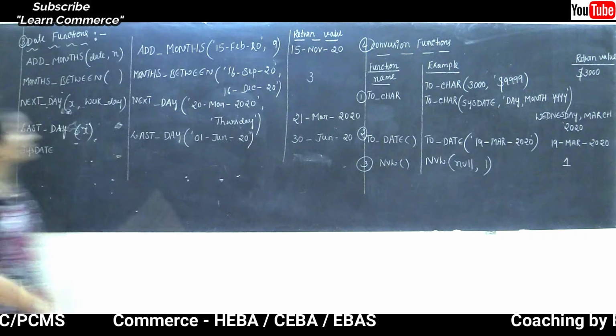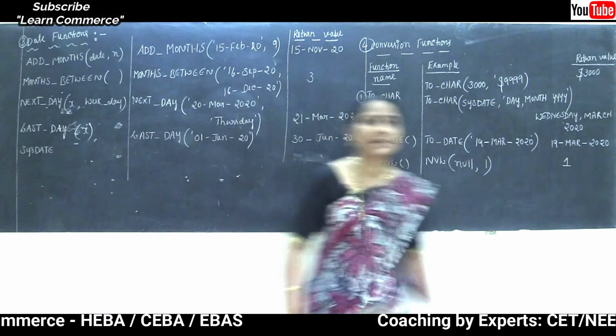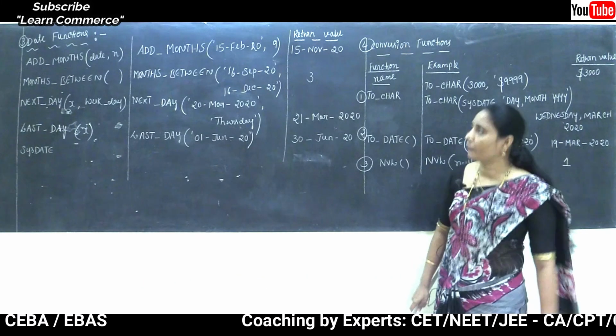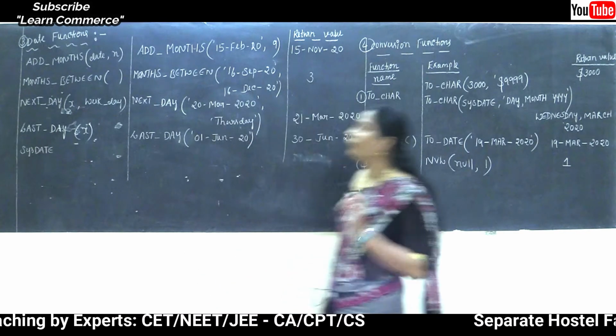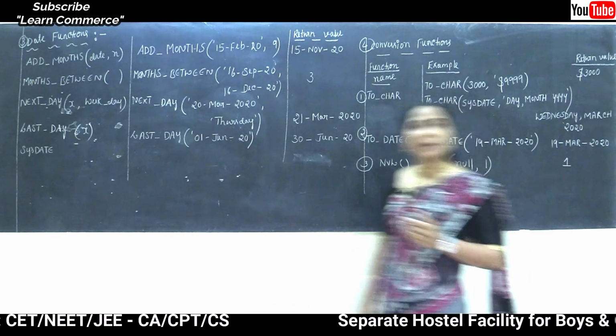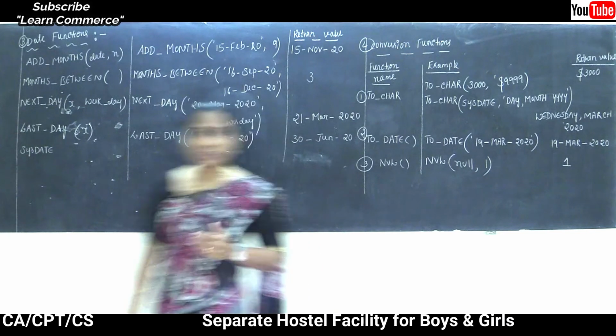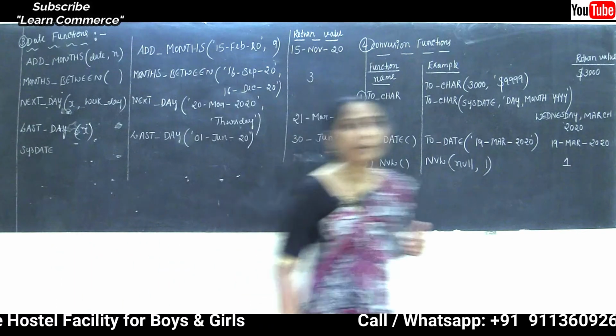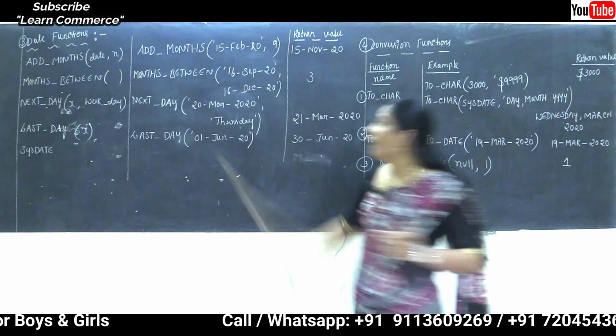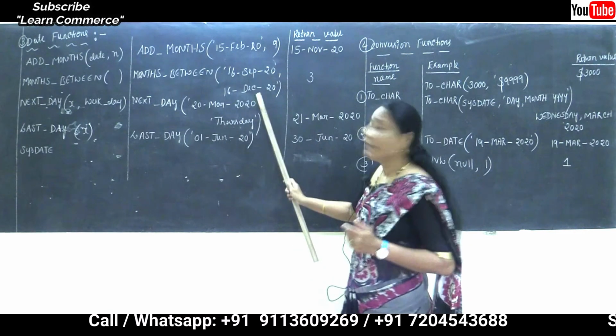And later the second date function is called MONTHS_BETWEEN(). So why do we use the MONTHS_BETWEEN function? It is used to calculate the number of months between the first date and the second date.